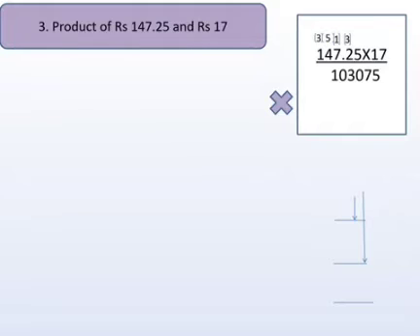Children, look into these numbers. I have not placed the decimal point in this line. So decimal point should not be placed here. So only when you find the final answer, there we are going to place the decimal point.